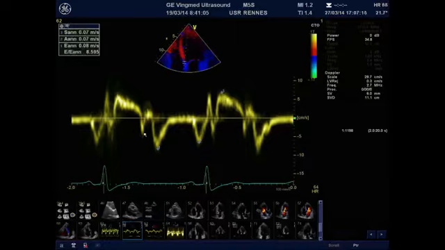After that, we have the closure of the aortic valve and the velocity recorded in the isovolumetric relaxation time. And we have the E prime in the early diastole and the A prime in the end diastole.